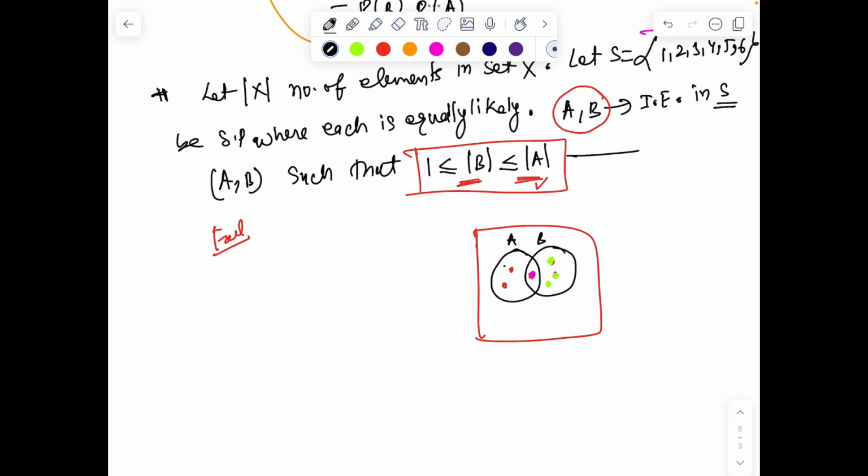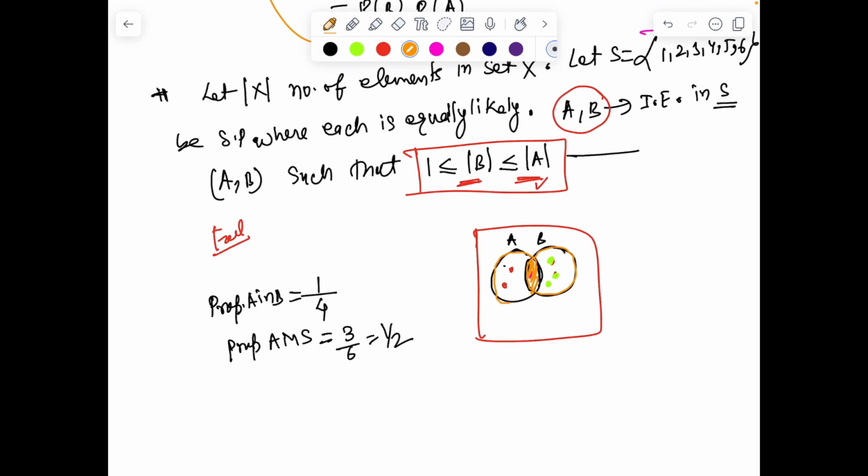Now if I ask what is the proportion of A in B, the proportion of A present in B is 1 by 4. What is the proportion of A present in the sample space S? We have 3 by 6, which is 1 by 2.